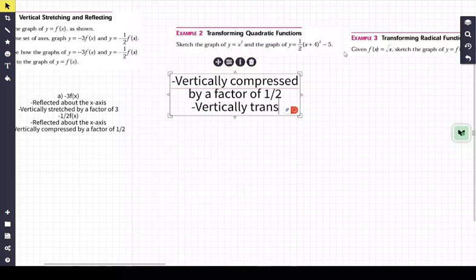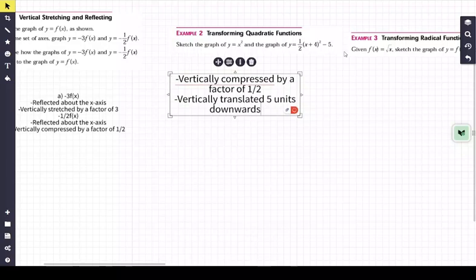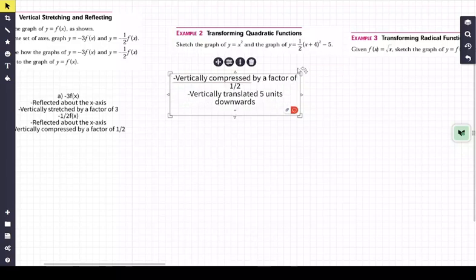Vertically translated 5 units downwards, because there's a -5. And then finally, we get to +3. Because x's are weird, we actually move 4 left. So we write horizontal translation 4 units to the left.